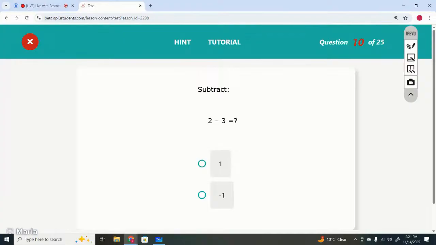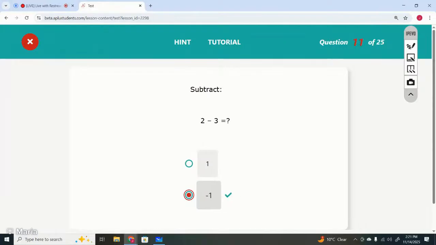2 minus 3 equals, we're subtracting a greater number out of a smaller one. So 2 minus 3 is negative 1. Option number 2 is the correct option.